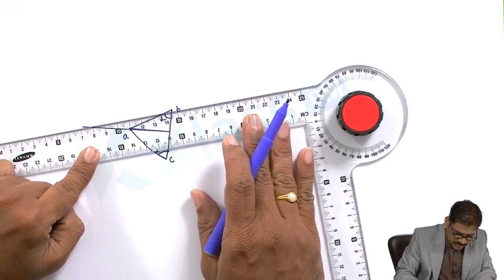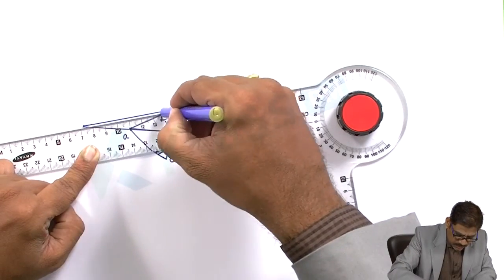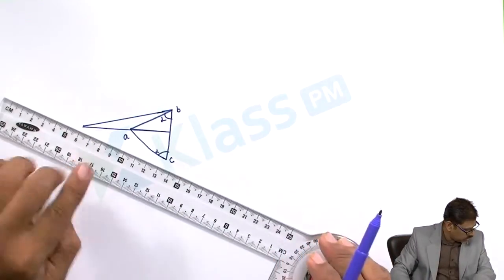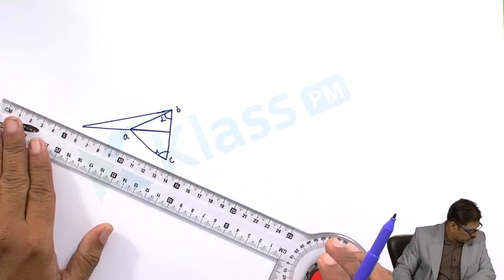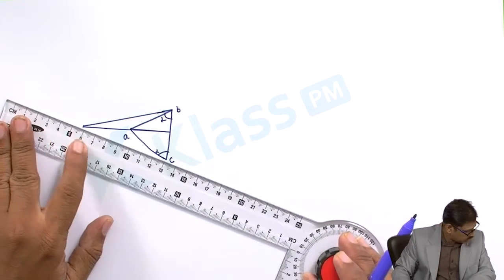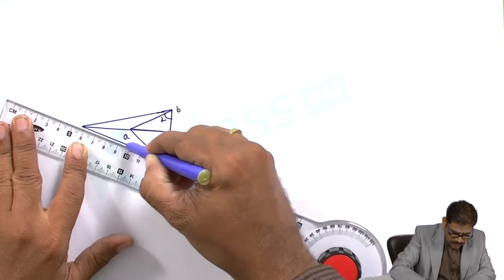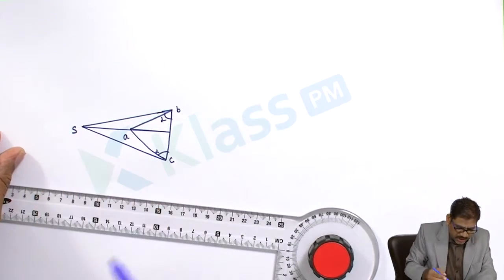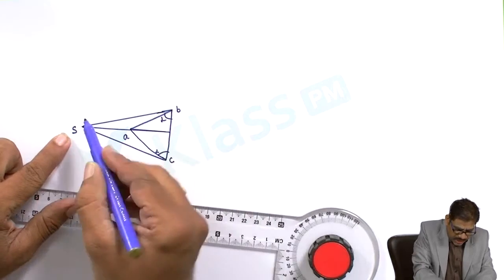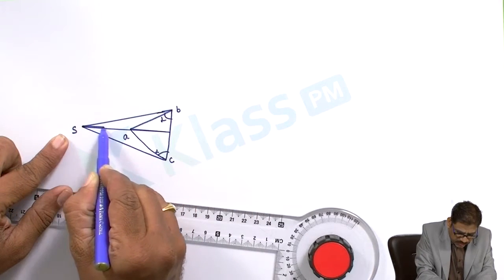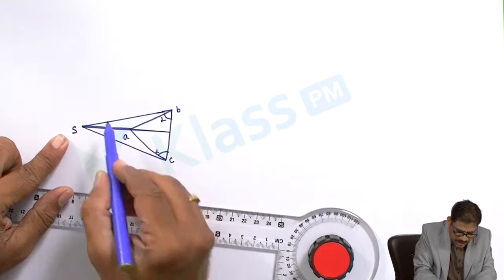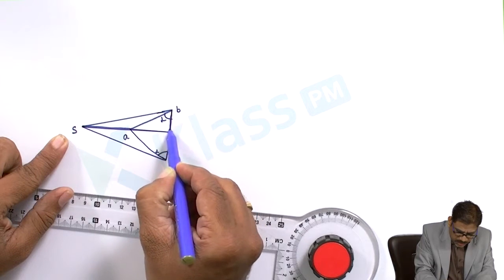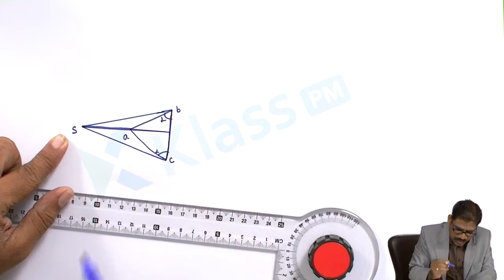So this is from the source S. This is S, your source of light. This one is SA, what we are talking about. It is normal to the base BC of the prism.